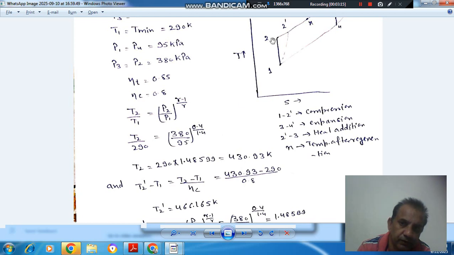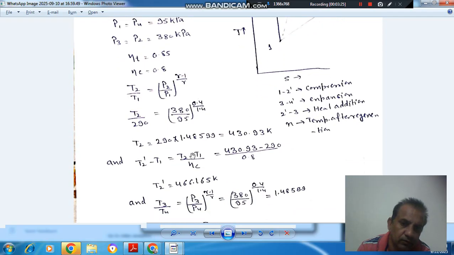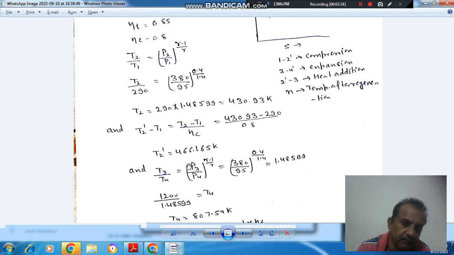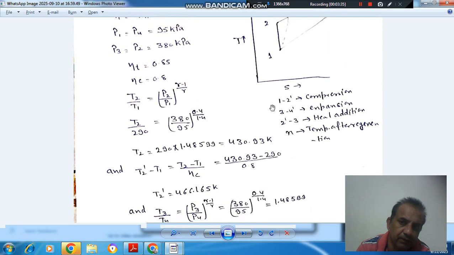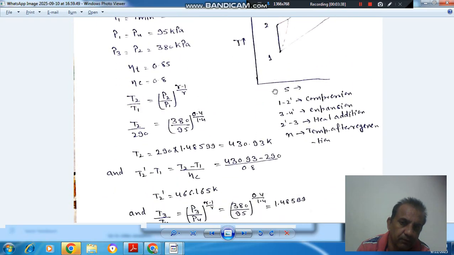T2 minus T1 divided by isentropic efficiency of compressor will be equal to the temperature difference T2 dash minus T1. Now we have T2, T1, and the efficiency, so T2 dash is 466.165 Kelvin. Similarly, we can apply the isentropic relation between 3 and 4.